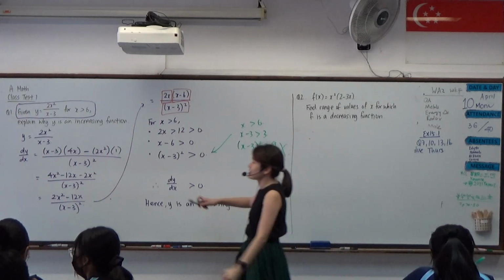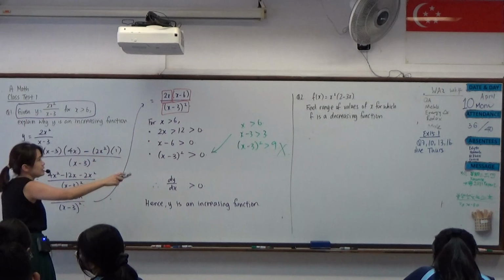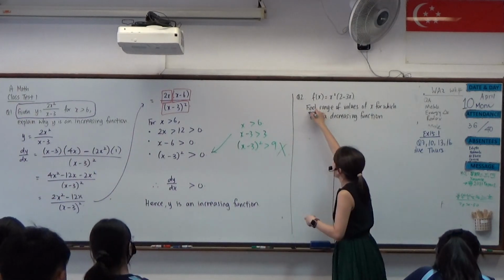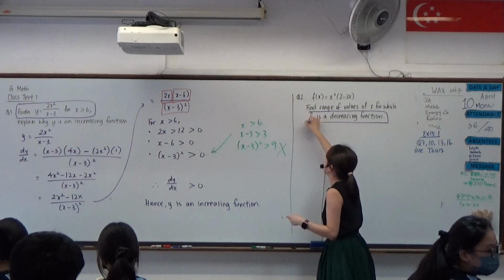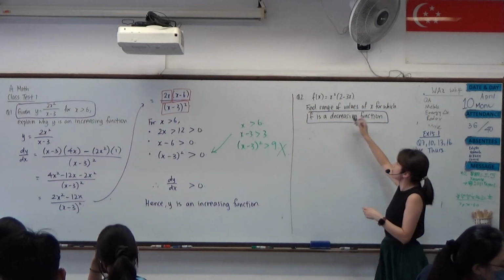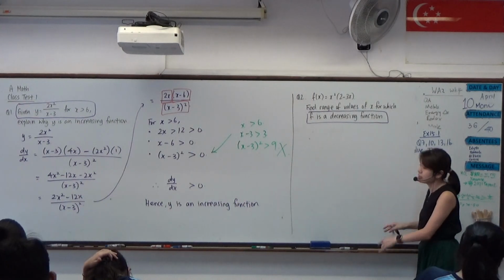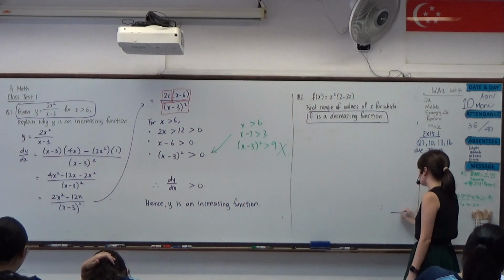Question 1 is to explain that it is going to be increasing. Now, the given information that you have is that f is already a decreasing function. What we want is to actually find the range of values of x. So at the end, your answer is some interval.